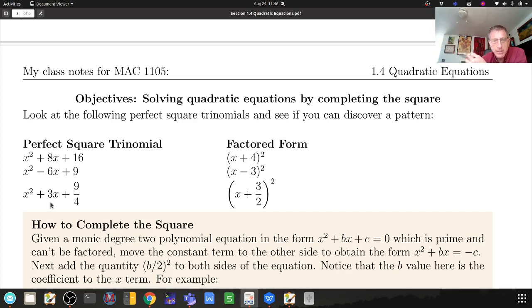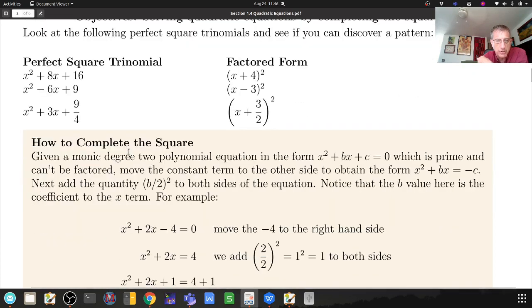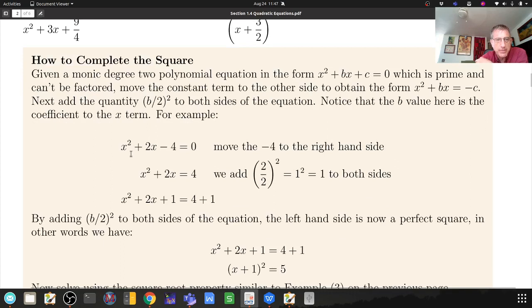So that's literally the pattern that leads us to this procedure, an algorithm if you want, on how to complete the square. So the first thing here is this only works if we have a monic degree 2 polynomial. And that's a word that your textbook doesn't use, which is unfortunate.